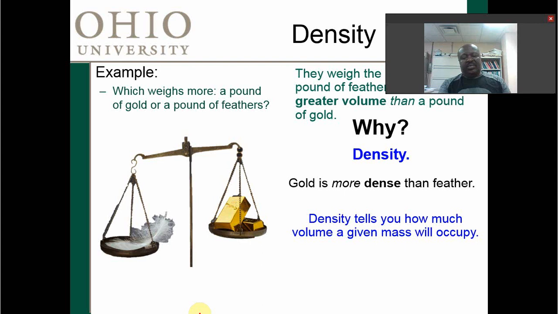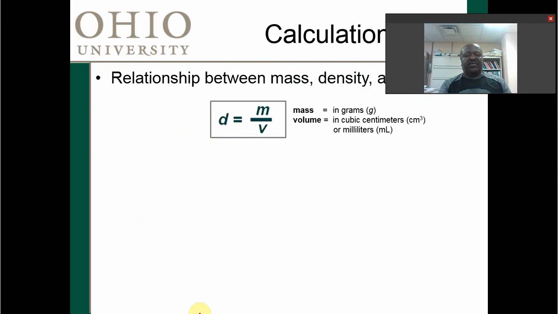All right, so we want to find the density of various substances. As you know by now, either through your lab or through your lecture, density is mass divided by volume. Well, the SI unit for mass is kilogram, but for now we will report our density with mass in grams, volume in either centimeters cubed or milliliters.